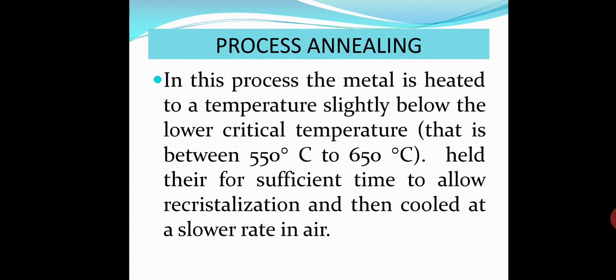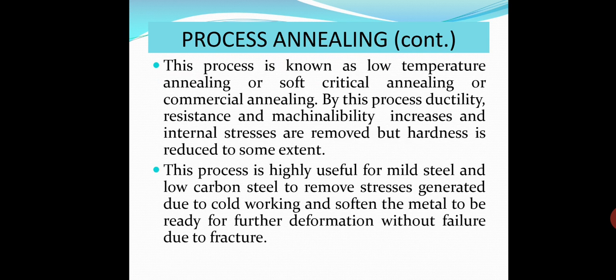In full annealing, it was 30 to 50 degrees above. Here it is slightly below the lower critical temperature. Then it is held there for sufficient time to allow recrystallization, and then cooled at a slower rate in air. In that case, it was cooled inside the furnace. Here it is cooled in air.